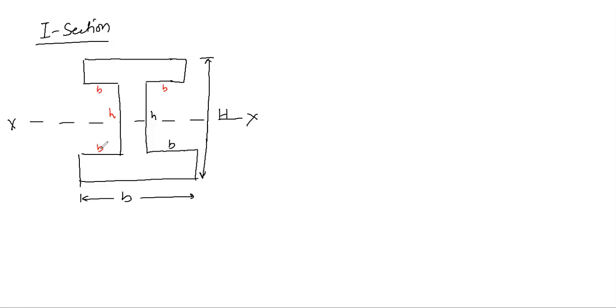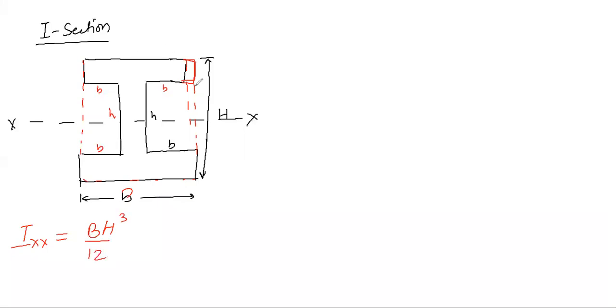So if you look at the similarity conditions, we can define that. Let's draw this. Right? So if you look first, it is a simple rectangular condition. This complete red dot is the complete rectangle. So what we did is we first calculated I about the x axis, and considering the capital B, we can write BH cube by 12.